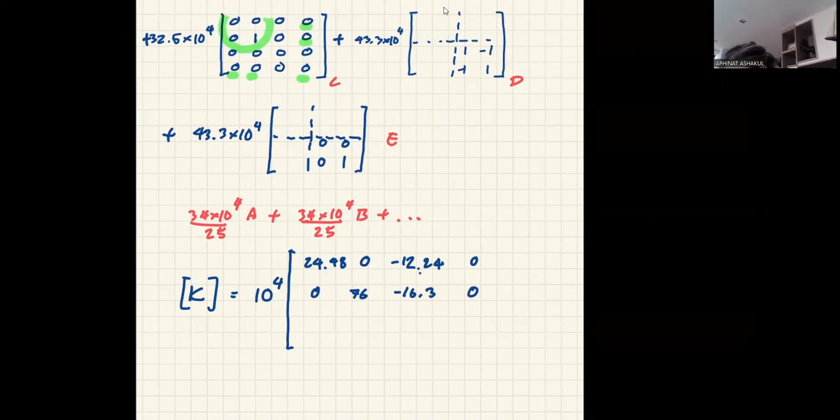And you expect that because that is that. So yeah, it's minus 12.24. Here is the same, minus 16.3. Let me move it a little bit so that you see things better.